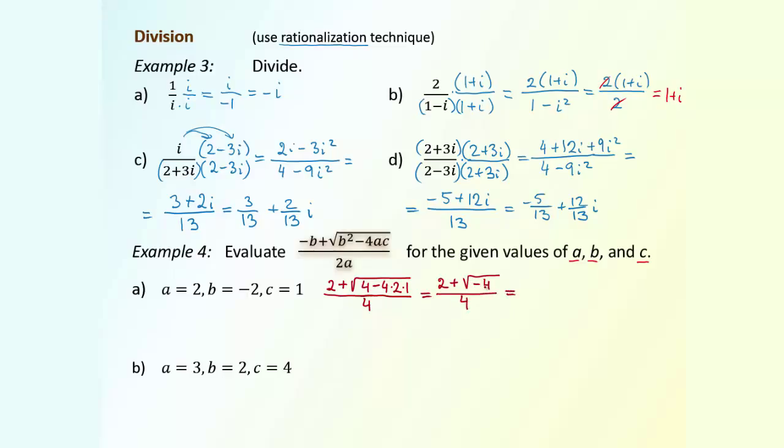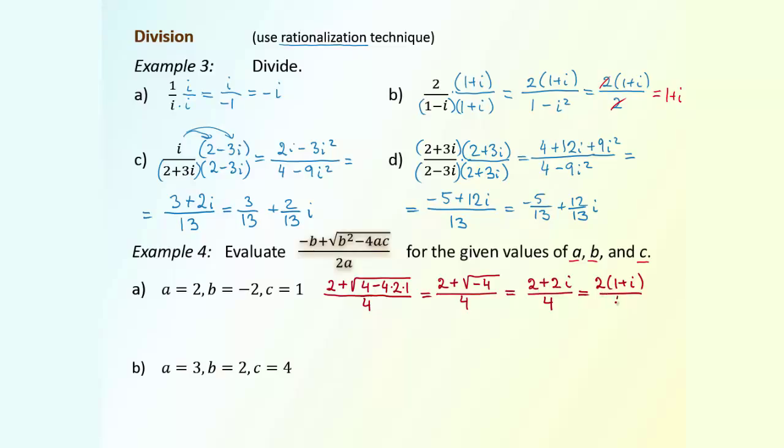Now the root of -4 is the same as root of -1 times 4. So we can pull the 2 out of the root of 4. So we'll have 2 plus 2 root of -1, which is i, over 4. This can be simplified even further if we factor 2 out of the bracket.